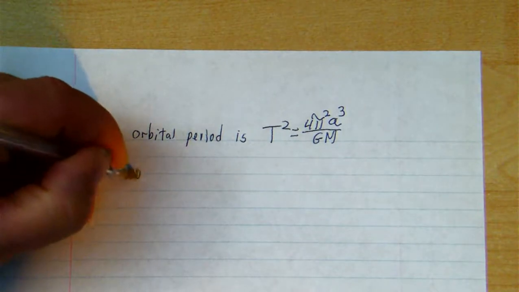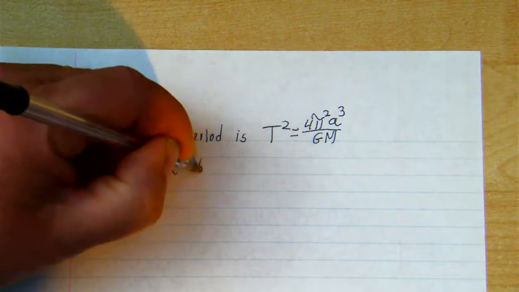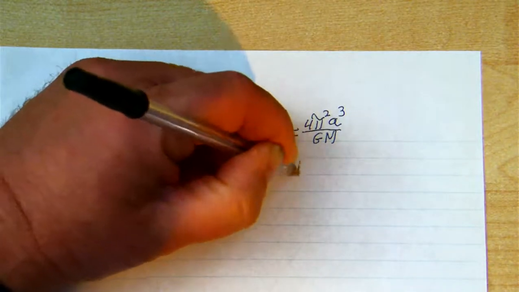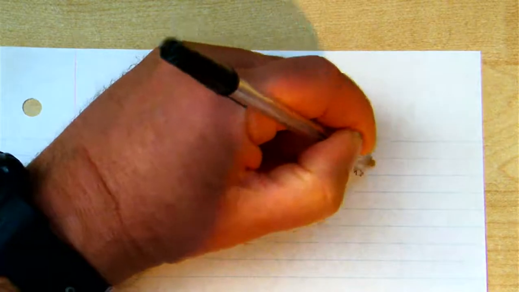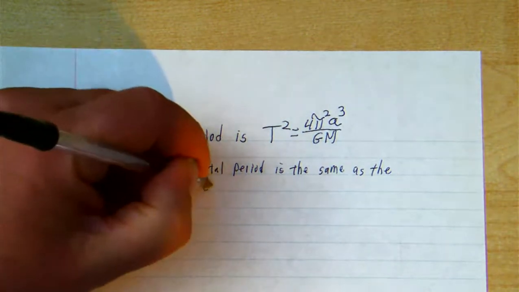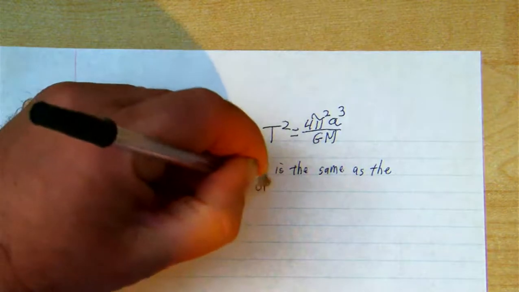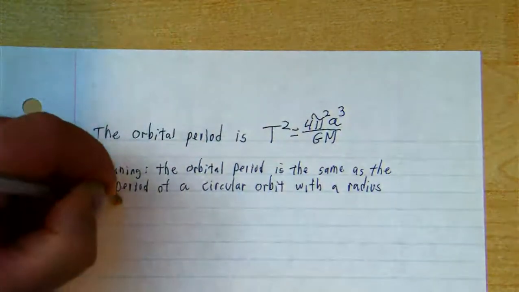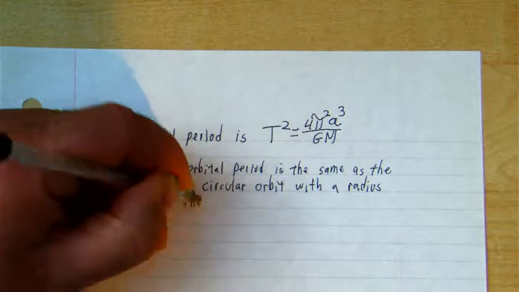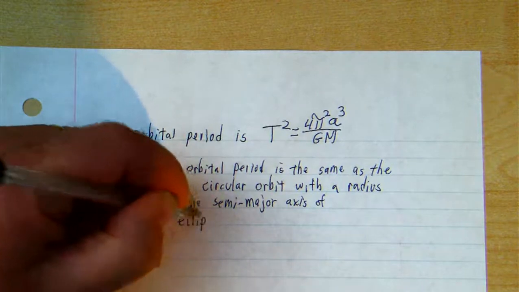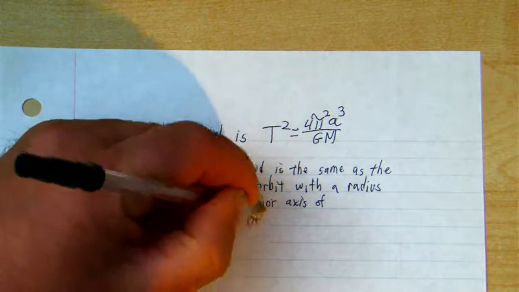Meaning the orbital period is the same as the period of a circular orbit with a radius equal to the semi-major axis of the elliptical orbit.